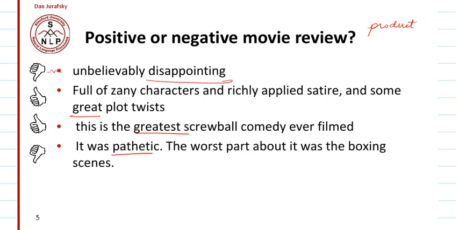Based on these features, we can say that this is positive, this is also positive, this is the negative one. Each of these is a single review, and we can mark them as positive and negative, and then we can apply text classification.